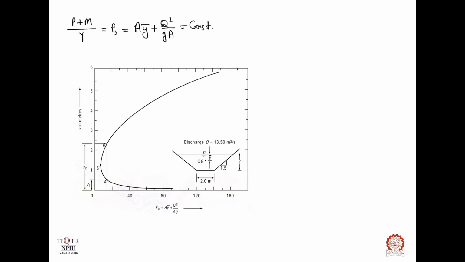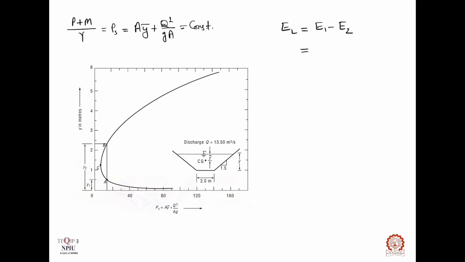Now, to find the loss of energy in case of hydraulic jump in a non-rectangular channel, EL will be equal to E1 minus E2. In place of total energy, we can use specific energy, because here the channel bottom is horizontal, and we can consider the bed of the channel as the datum, and at both the sections the datum energy will be the same.